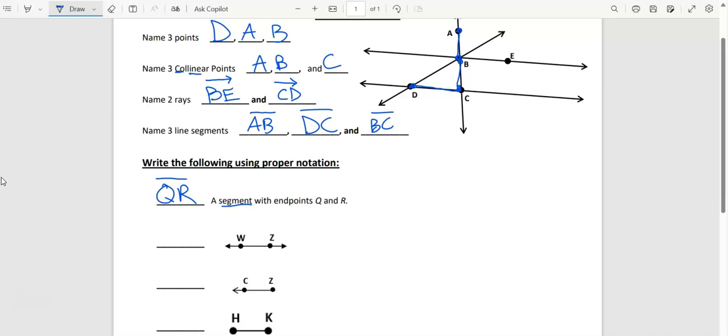So again, the thing that's going through W and Z, because it has arrowheads, is a line. We call it a line. So what I'm going to put is those 2 letters, WZ, and on top of it, I got to put a line with 2 arrowheads. It has to match the shape we're talking about.